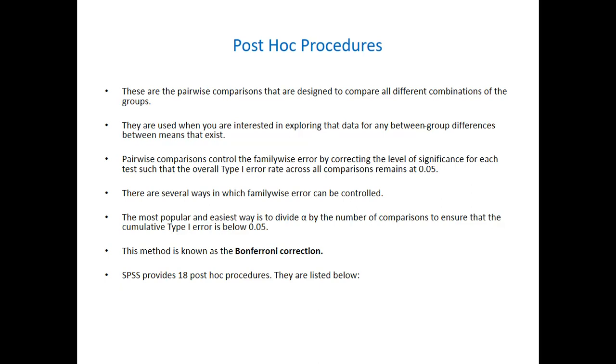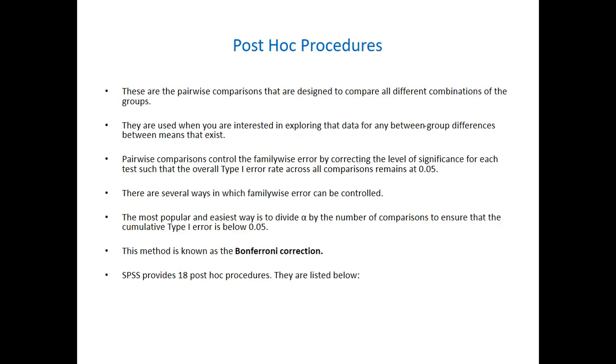And when you do many tests, your family-wise error increases. If you set your rejection level at 0.05 but carry out 3 tests, you are actually rejecting at a level of 0.143. Something that you thought was 5% has turned to 14%. And when you do more tests, the error rate increases.